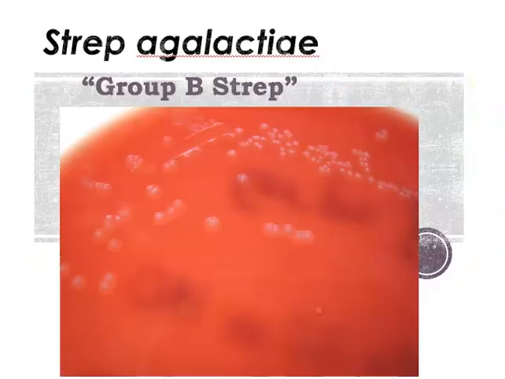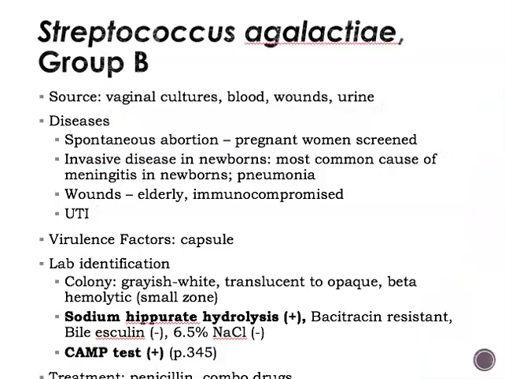Okay, the next strep species that we're going to be talking about is group B strep. Sources that we could recover group B strep from: vaginal cultures, blood, wounds, urine. Diseases that it is associated with usually involve neonates and are acquired before or during the birthing process.